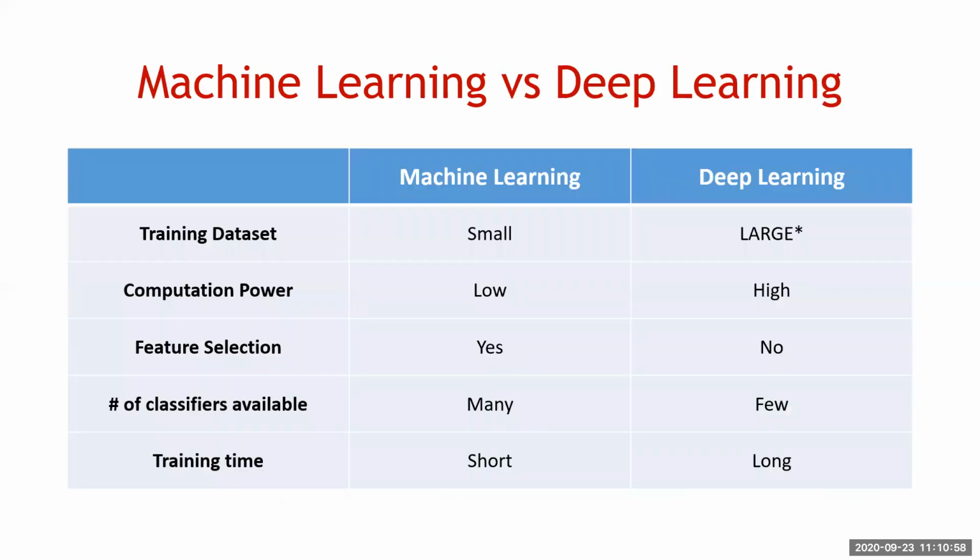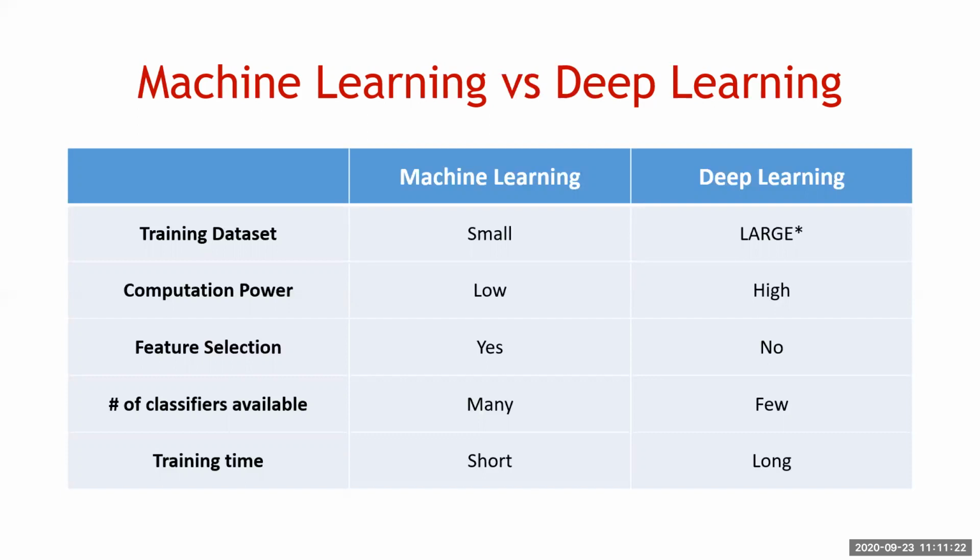So side by side, the training data set, as I mentioned, needs to be very, very large. In some cases, tens to hundreds of thousands of images if you're training from scratch. I say that with that little asterisk there in deep learning, because I did mention something called transfer learning that may be able to circumvent this a little bit.